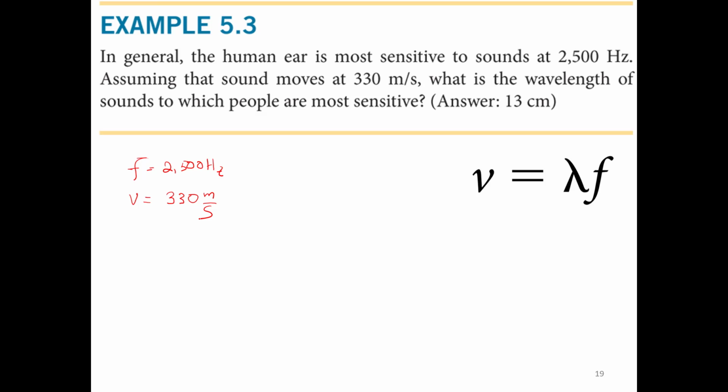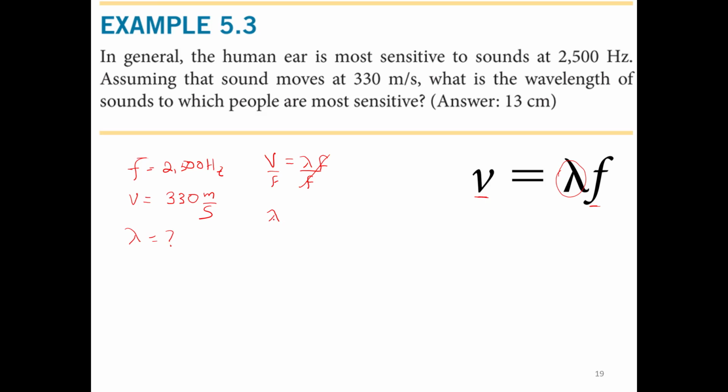Then we want to know what is the wavelength. We don't know. Then we know the frequency, we know the speed, then we need to solve for the wavelength. And let's write here the equation. And we divide, because we need to solve for the wavelength, we divide by the frequency.